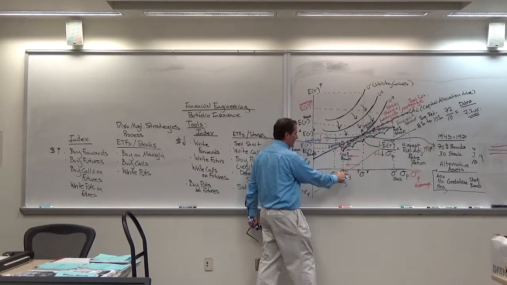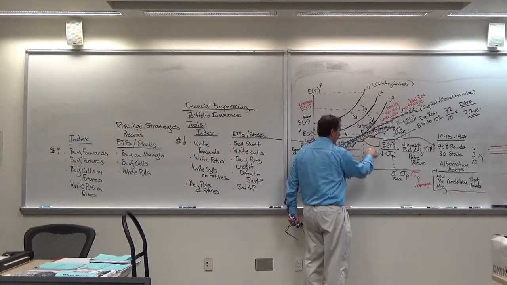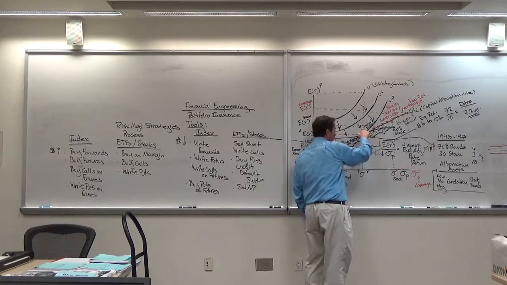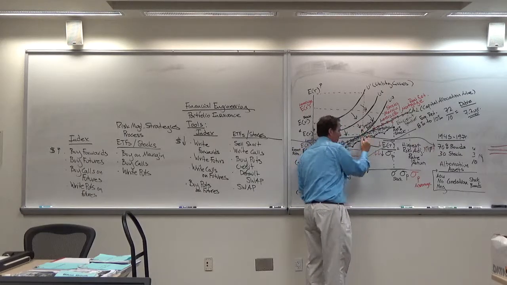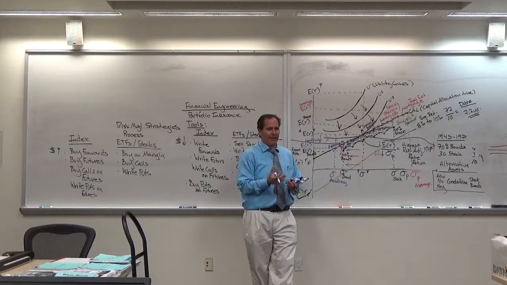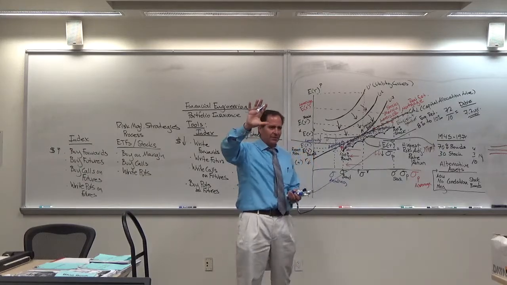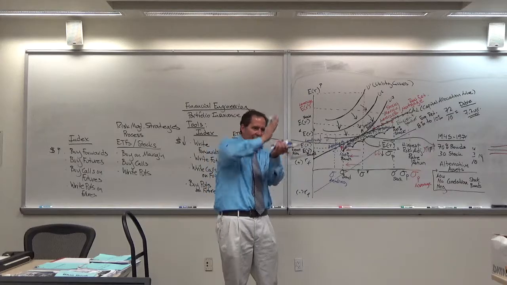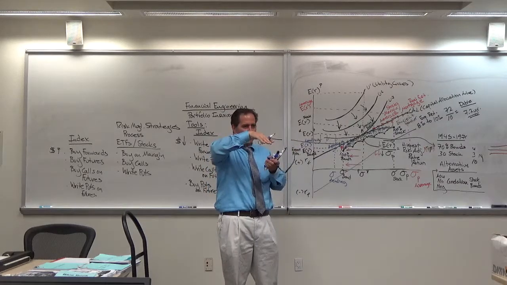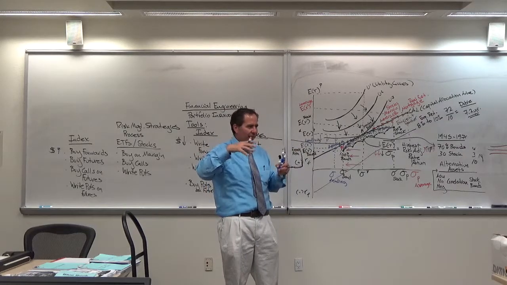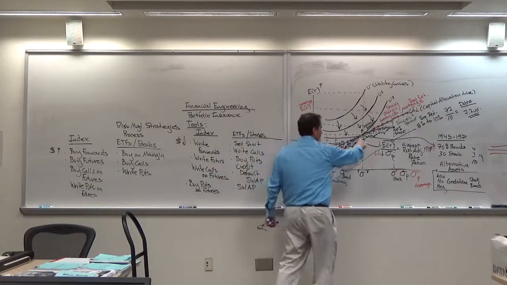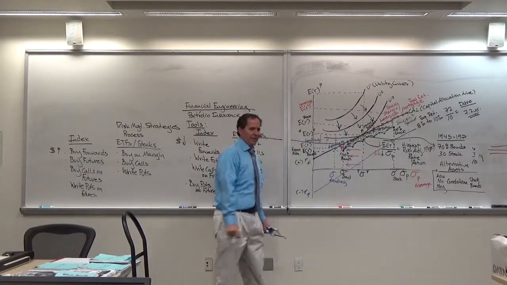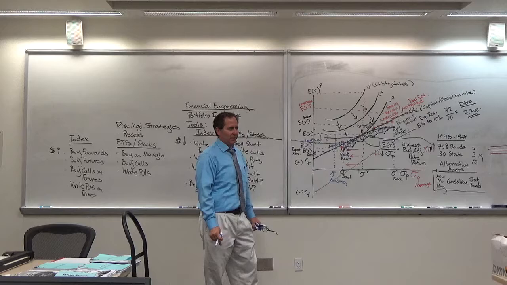Now if you take that point, that's the market basket. This point right here is the market allocation. So what percentage of the market, the stock and the bond market, what percentage is bonds and what percentage is stock? And then that's what this portfolio is. It's the market basket. What it's called.